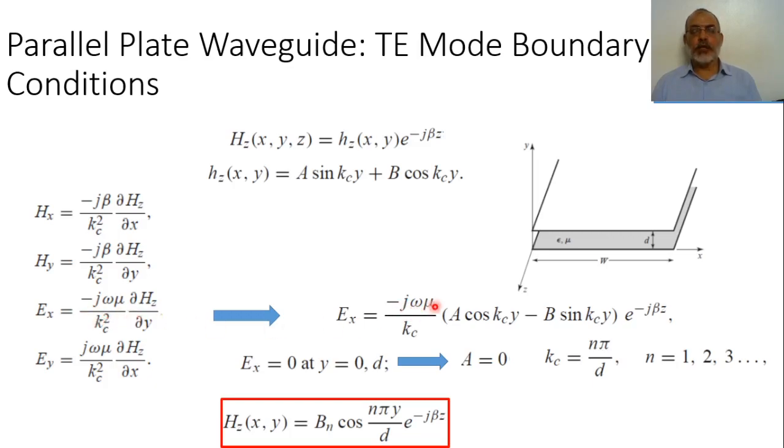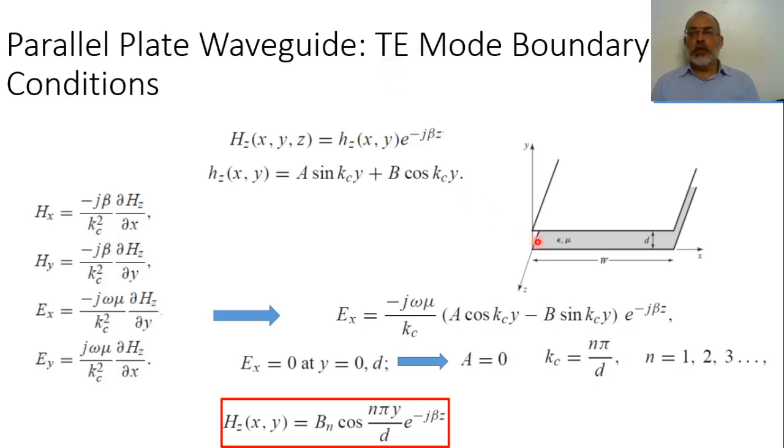So it would be minus j omega mu over kc, and here the derivative of sine would be cosine, and the derivative of cosine would be minus sine. And this is the Ex component of the transverse electric mode in a parallel plate waveguide.